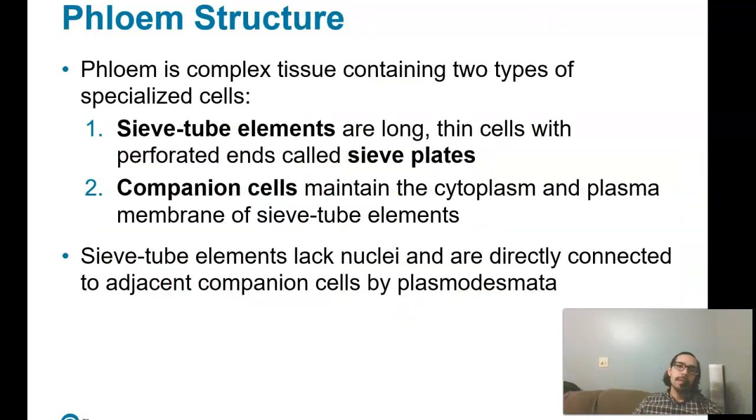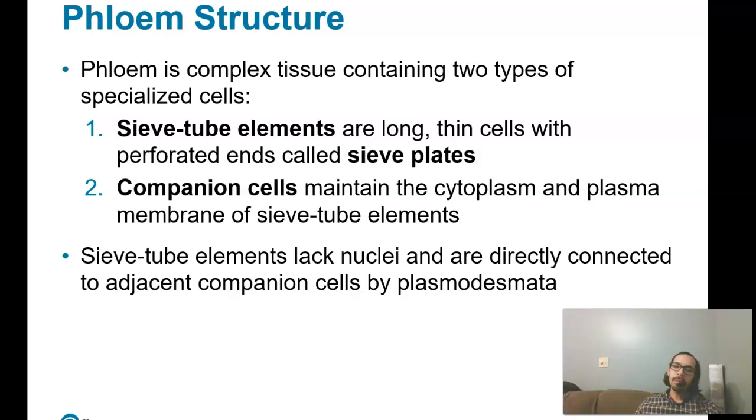The phloem is also a complex tissue. It contains two types of cells. So there's the sieve tube elements, which are long, thin cells with perforated ends called the sieve plates. And then there's the companion cells that maintain and support the sieve tube elements.